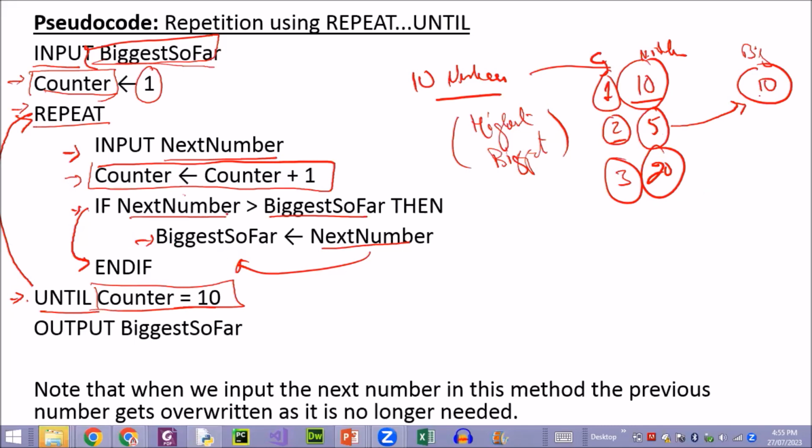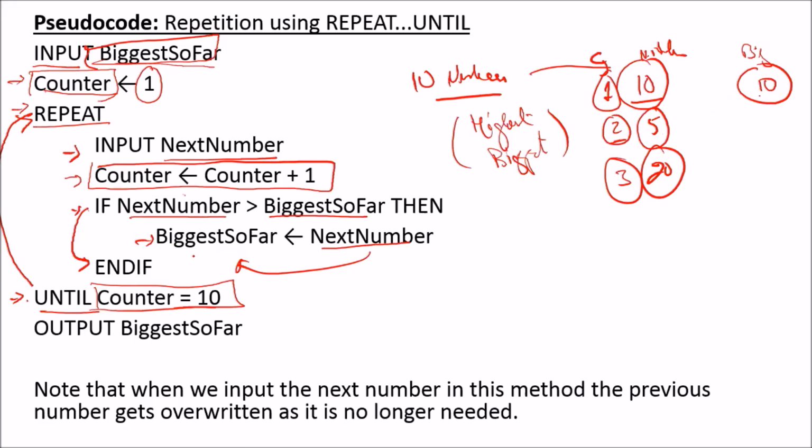Now it will check this value. Is next number greater than bigger number? It is greater. So bigger number में अब आप क्या स्टोर कर दो? Next number. जो next number है अब यहाँ पे क्या हो जाएगा? 10 की जगह अब क्या हो जाएगा? 20 स्टोर हो जाएगा. So 10 is going to be overridden by 20.